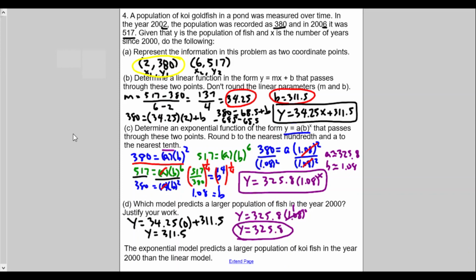Notice they have the same coordinates, but having a different model gives us two very different results. Based upon this, if we use the exponential function, we'll predict a larger number of fish in 2000. Everything about a model is about predicting later days.